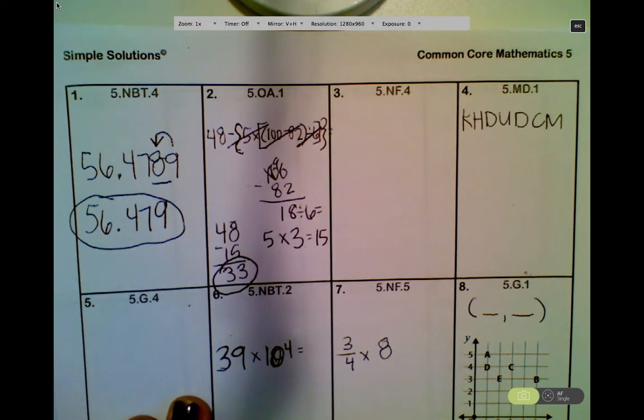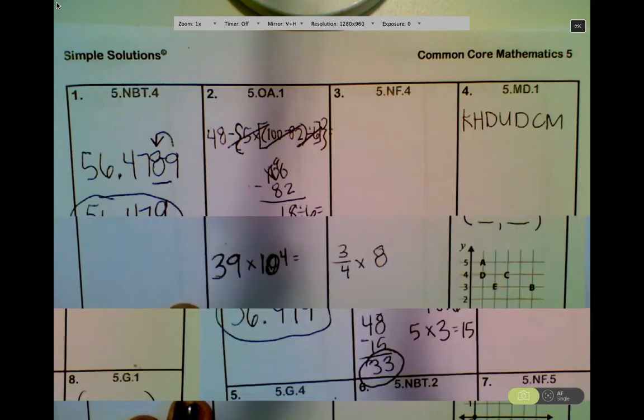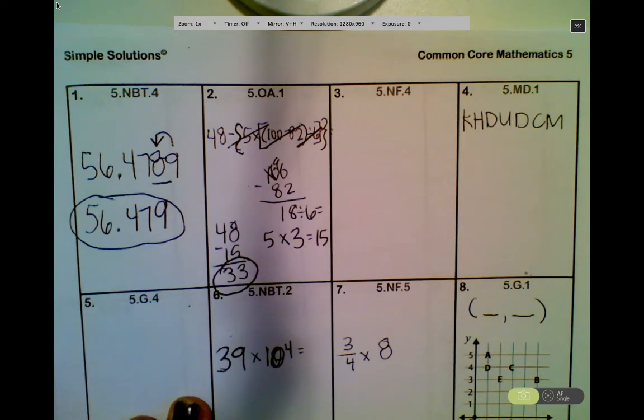Number 3, Jackie cooked 2.5 boxes of spaghetti. She divided the spaghetti among 5 people. Choose the expression that shows what part of the box of spaghetti each person got.